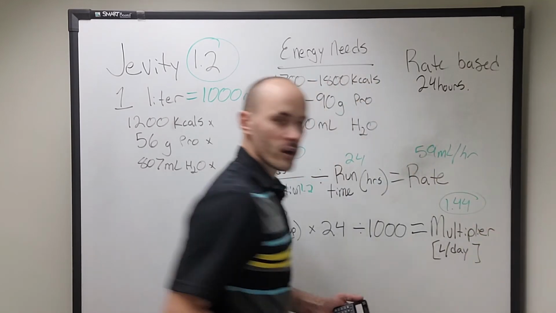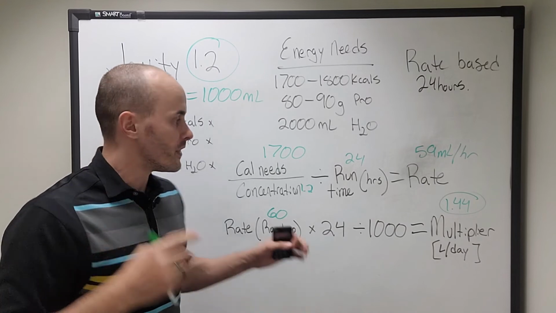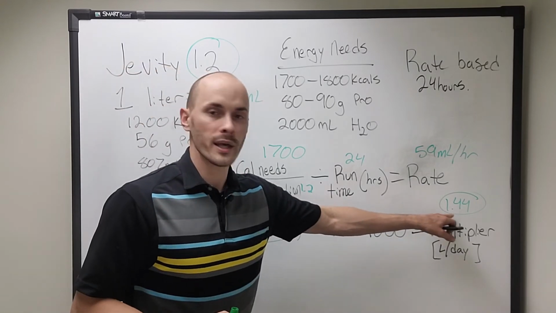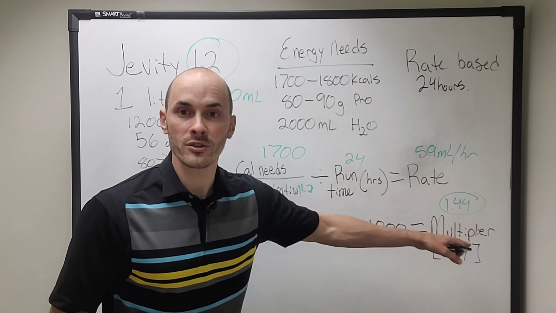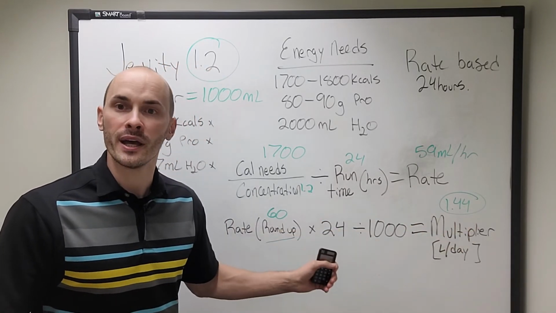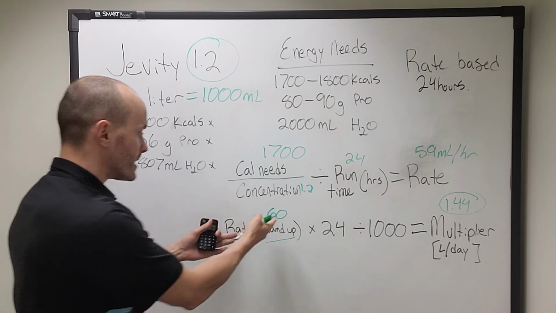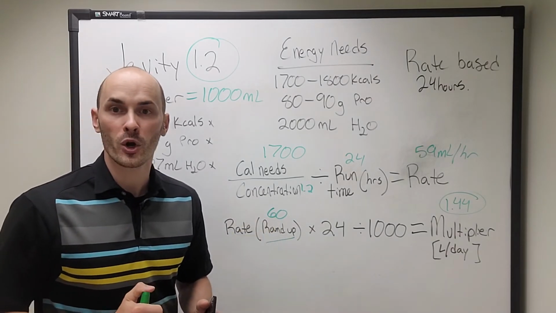And that 1.44 means this patient is going to receive 1.44 liters of Jevity per day if we run it at 60 mils per hour.